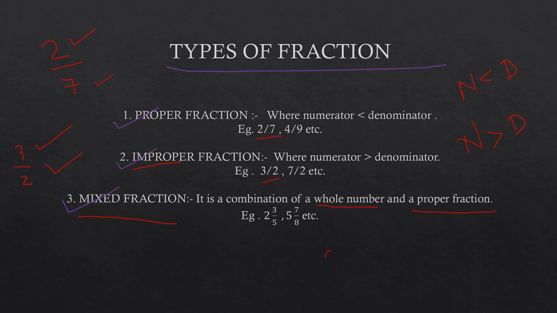So here in the example you can see 2 whole 3 by 5. This 2 is a whole number and this 3 by 5 is a proper fraction. Hence this combination gives you a mixed fraction. So these are the types of fractions.